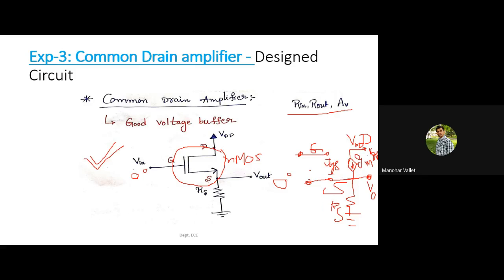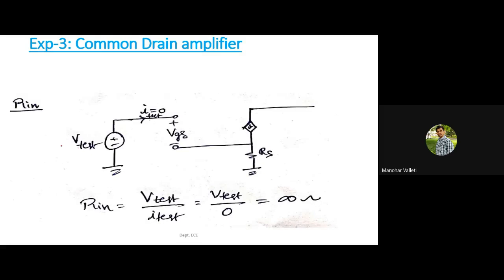Now for this circuitry, we want to find the input resistance. When finding input resistance, we apply some test voltage like this, and you don't bother about the output. The input path is this, and seeing from here, this is the input resistance.